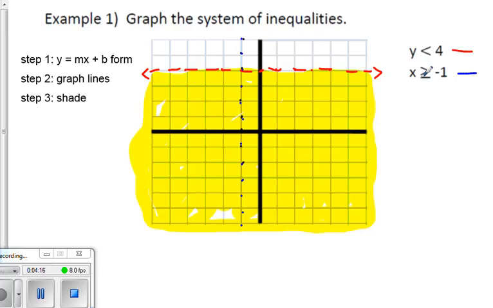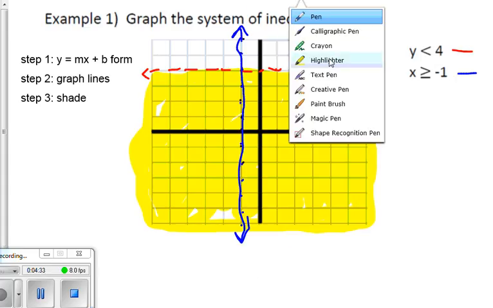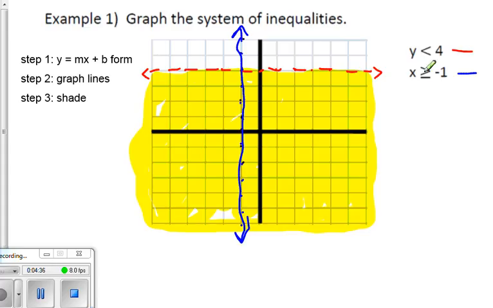Because it is greater than or equal to, I have to do a solid line here. It continues off. Mine gets a little bit curved there, but you can see it's going to be a solid line. I need to shade everywhere that is greater than that, everywhere to the right of negative 1. So x could be 3, x could be 0. As long as x is bigger than negative 1, it works. So that's going to be all of this area and above.